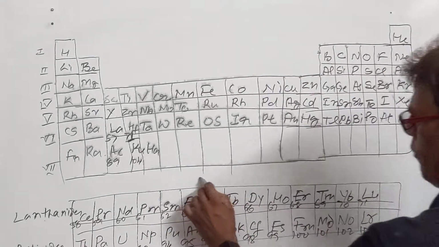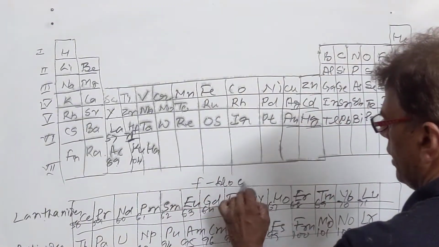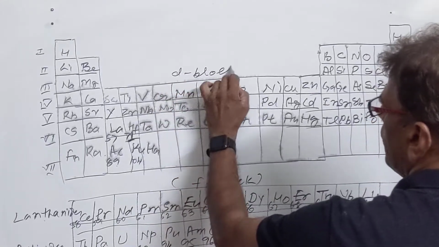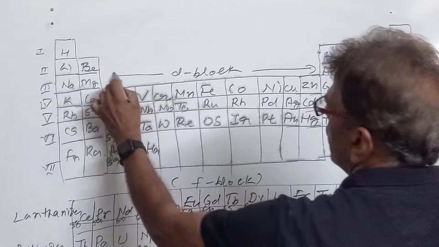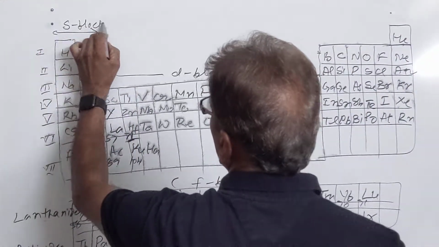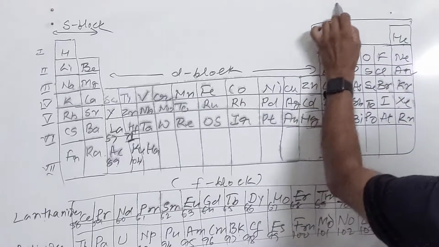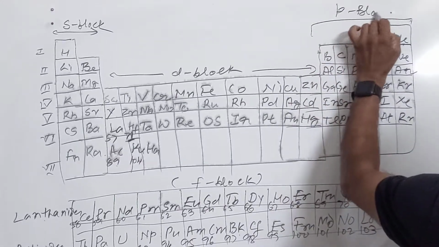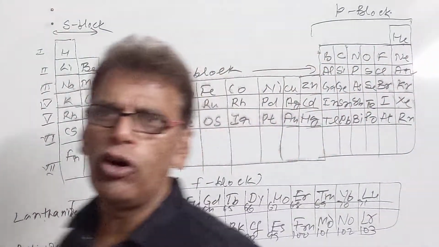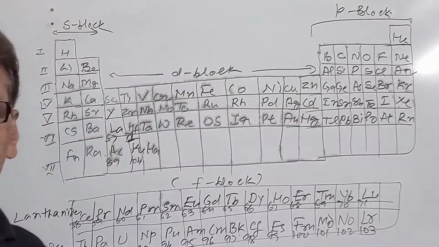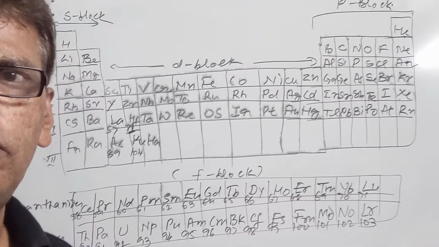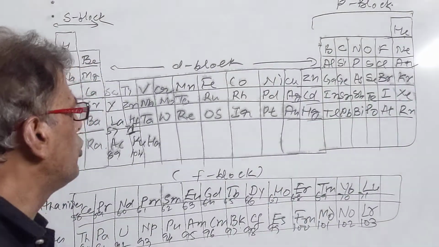These are called the S block elements. We'll study it at a higher level. This is the D block in the modern periodic table. This is called the S block, and this is called the P block. So this is the modern periodic table or long form of the periodic table, which contains about 122 elements discovered up to now.